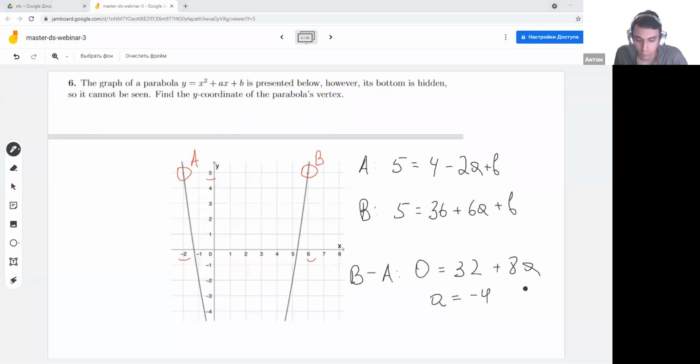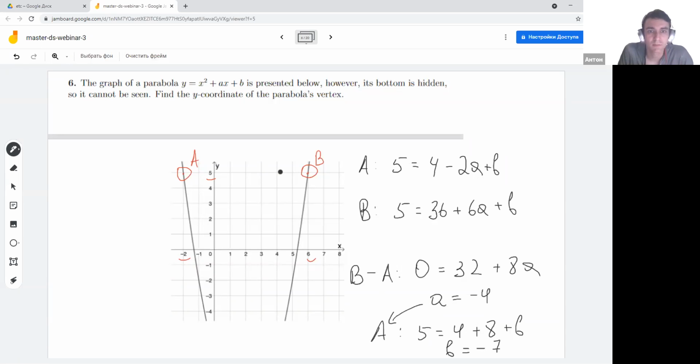Then I can substitute a with -4 in the first equation. And I get 5 equals 4 plus 8 plus b, which gives me b equals -7.